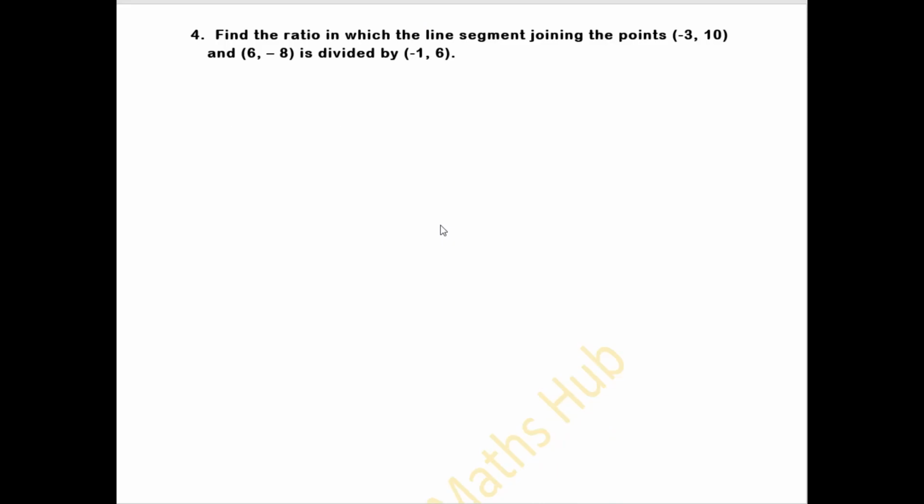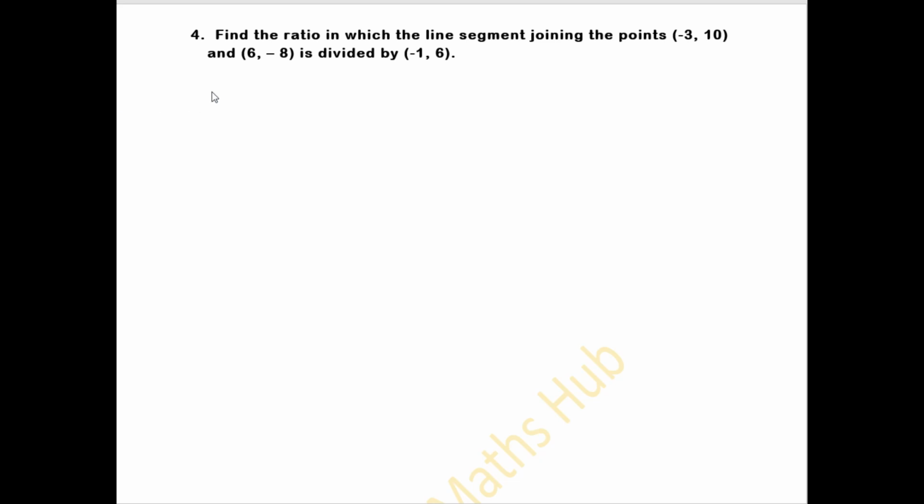Find the ratio in which the line segment joining the points minus 3 comma 10 and 6 comma minus 8 is divided by minus 1 comma 6. Students, they have given the point P as minus 1 comma 6 divides the line joined by the points minus 3 comma 10 and 6 comma minus 8. We should find out the ratio m:n.